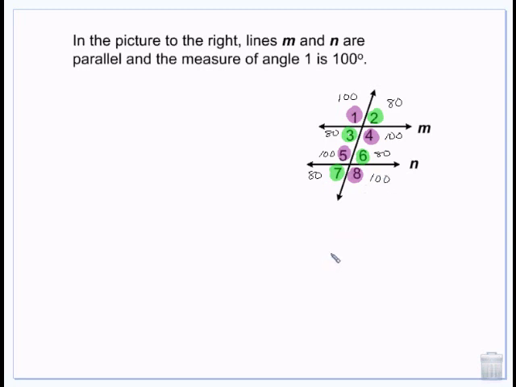See how easy that was? So once I knew the 1, I subtracted 180 minus 100 to get the 80, and then all the rest are just 180. Got it? Will it always equal 180? Yes. The two different colors together always will equal 180 because see how they make a straight line? And straight lines are 180.